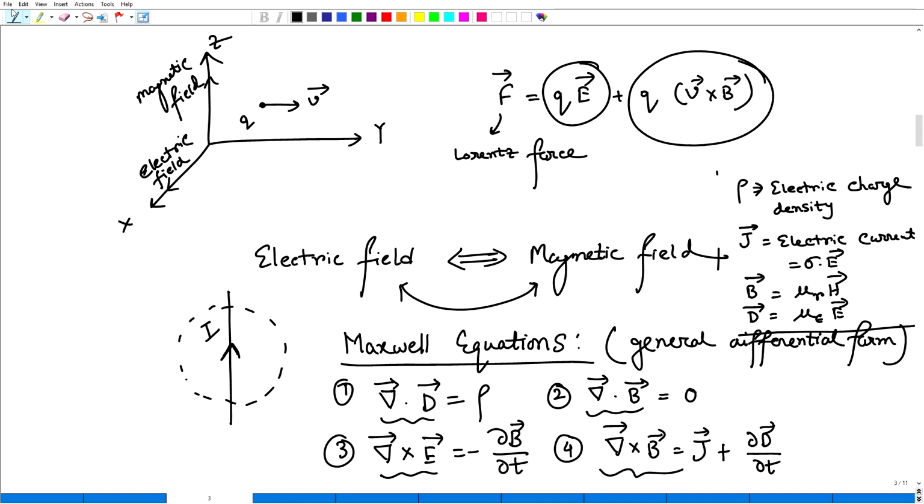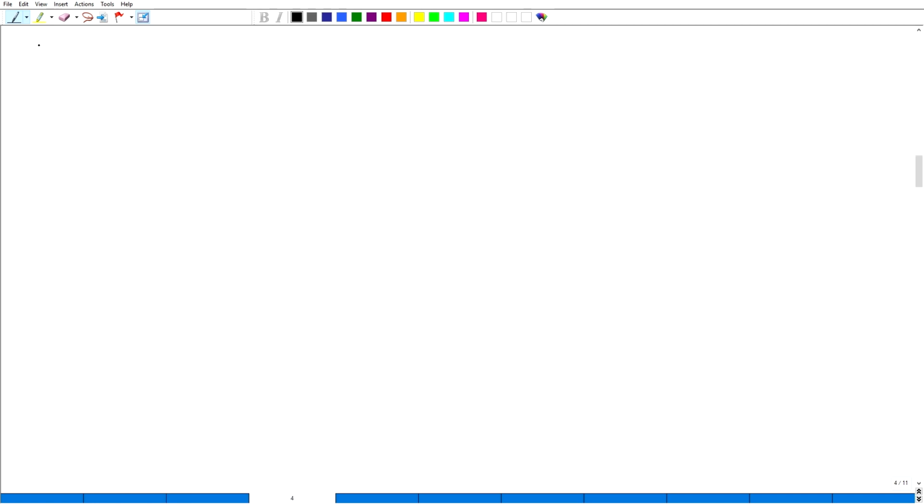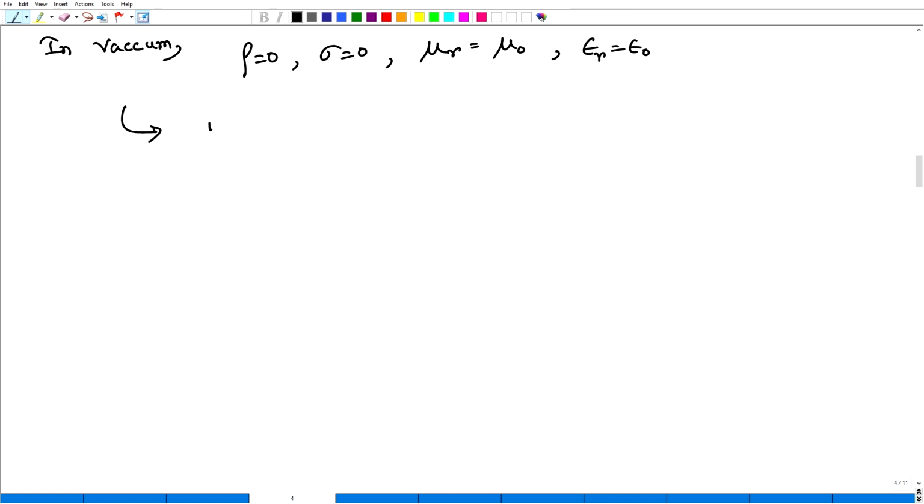Okay, so this is our equation, but now we will study the Maxwell equations in vacuum. In vacuum our rho is 0, sigma is 0, and we can write mu_r equals mu naught. This is actually relative permeability, this is relative permittivity, and in vacuum mu 0 and epsilon 0. So, in vacuum our Maxwell equations will be much simpler. So, what will be the 4 equations now?